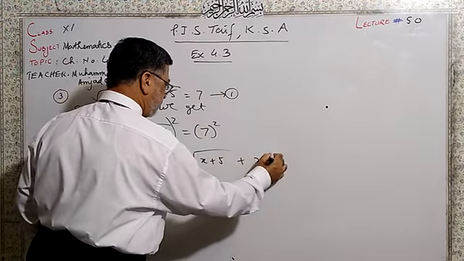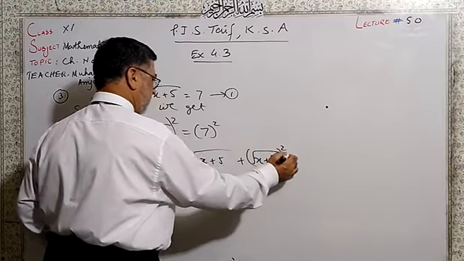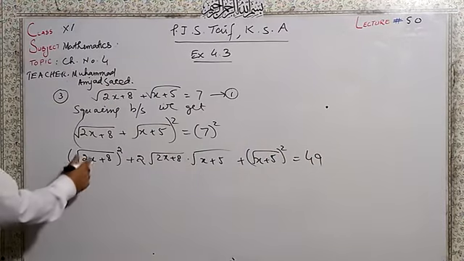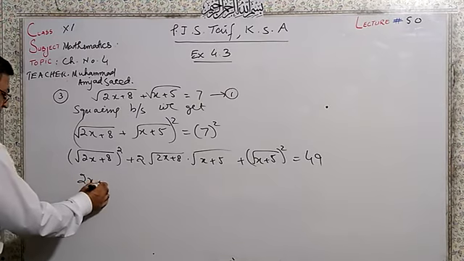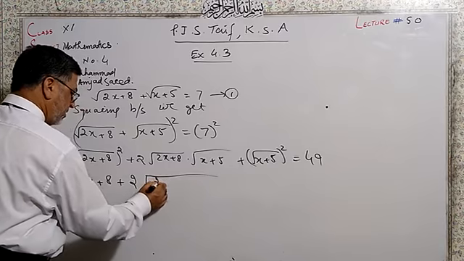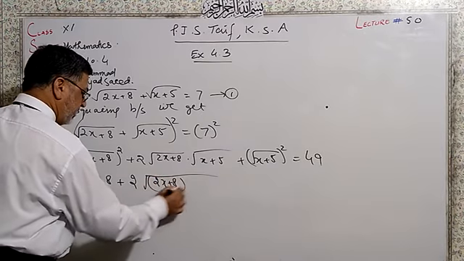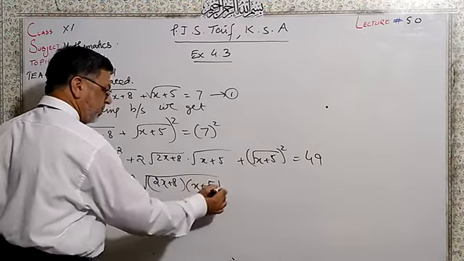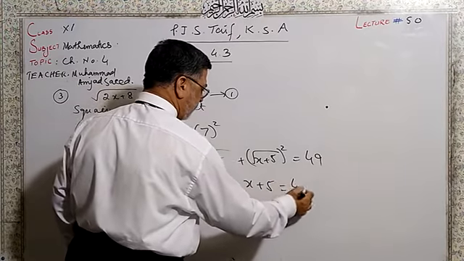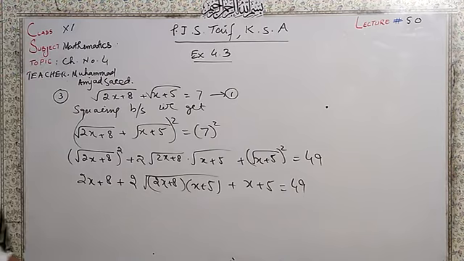So this will be the square root of x plus 5 whole square, that is equal to 49. Square and square root are cancelled out. 2x plus 8 plus 2 into the square root of 2x plus 8 into x plus 5, and square root are cancelled, x plus 5 is equal to 49.